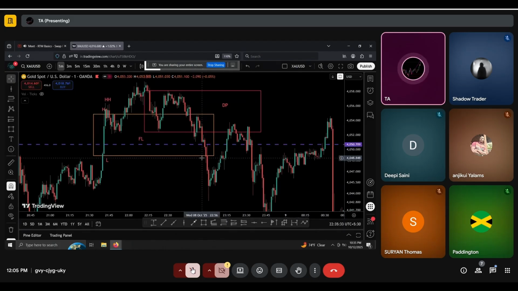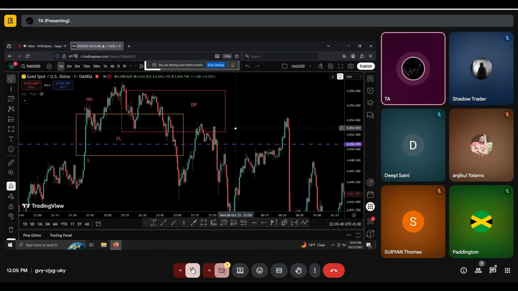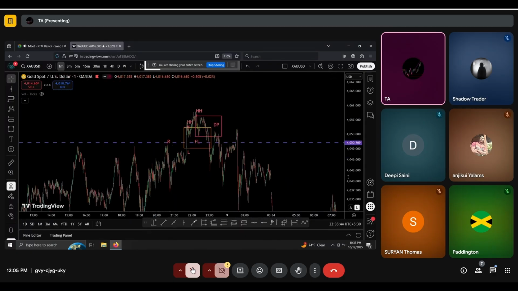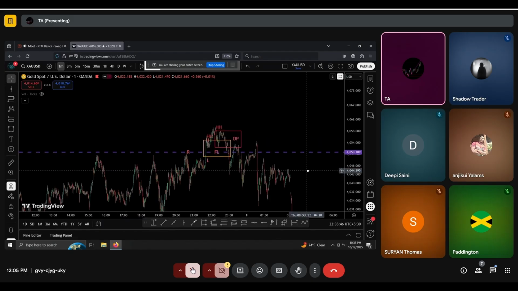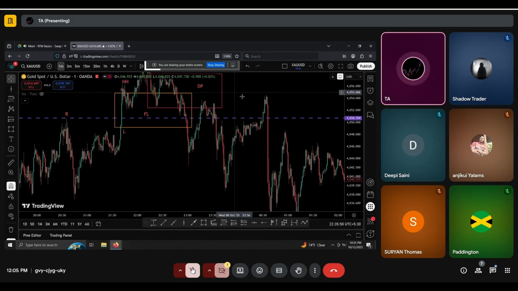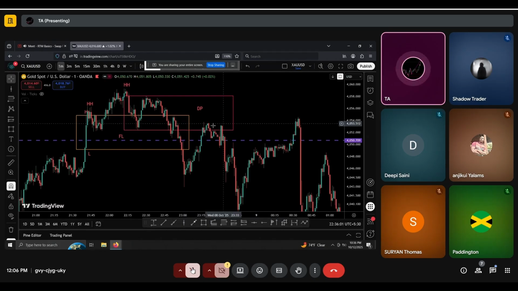Then when the price came back here, focus on this area. When the price came back here, look at this DP. It goes up to the DP, but if you see, it could not go deep inside the DP.